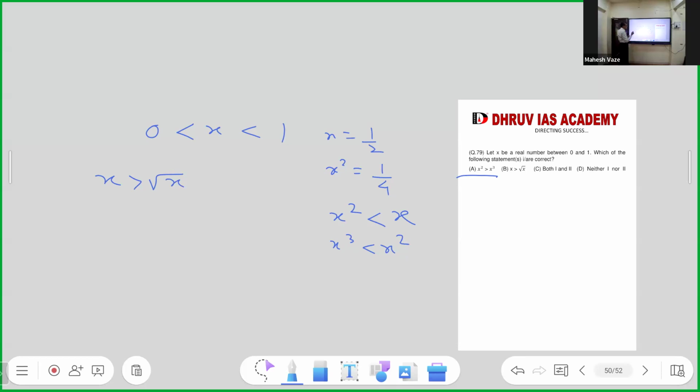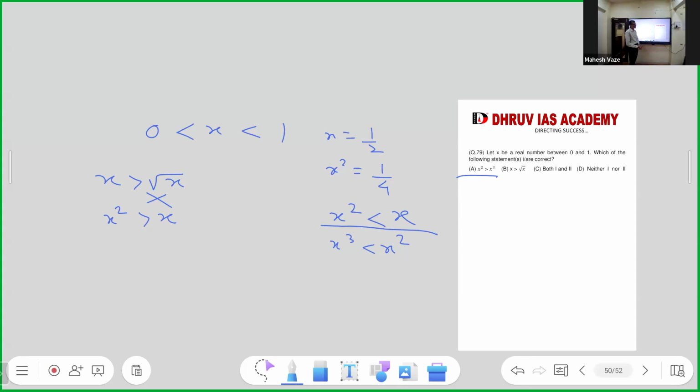If you square both sides, it will be x square is greater than x. But we have already seen that for positive numbers, x square is less than x, and here we are getting x square is greater than x, which is contradictory. That means this is not correct. So only statement 1 is correct, option A. We have ruled out the second option.